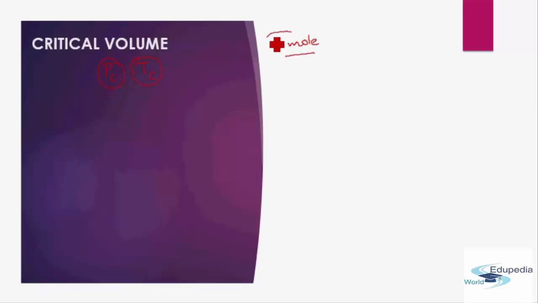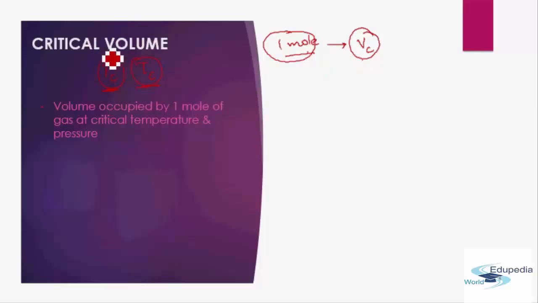So you have fixed the amount of gas, that is 1 mole, you have fixed the pressure value, that is Pc, and you have fixed the temperature value, that is Tc. So automatically the volume value will get fixed and you cannot change it. It is out of your hand, and this volume value is called critical volume. It is the volume occupied by 1 mole of gas at critical temperature and pressure. It is represented by Vc, capital V with a subscript of c.